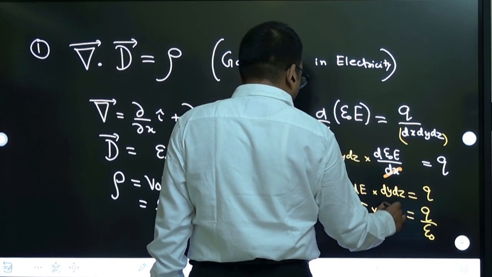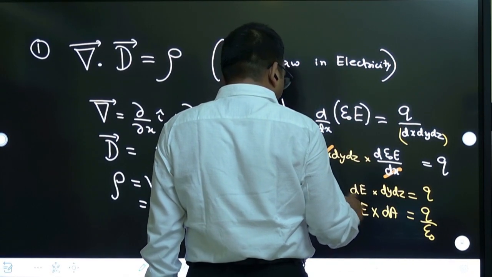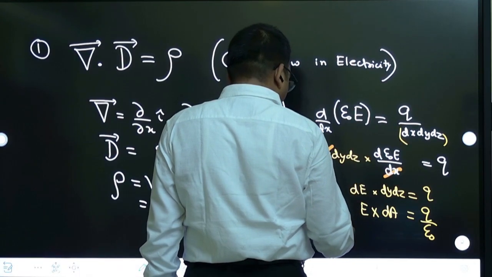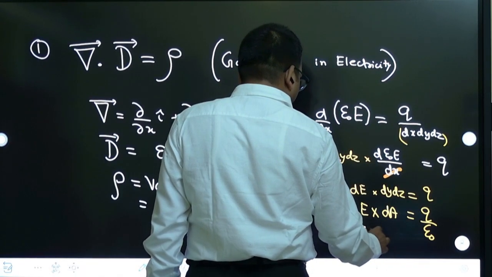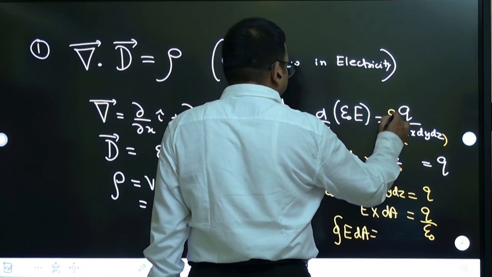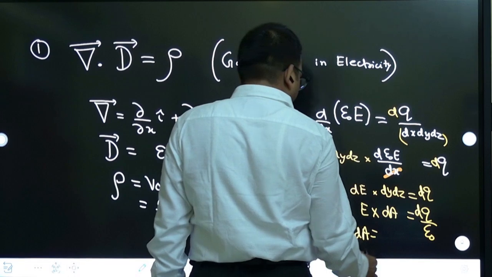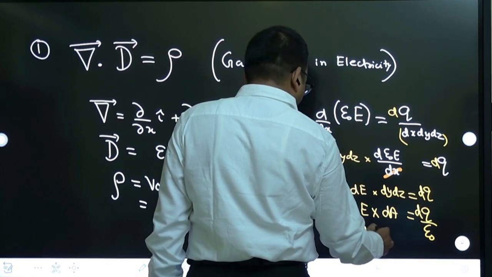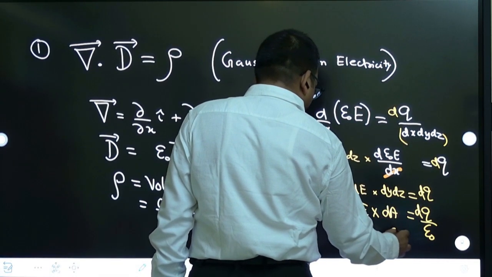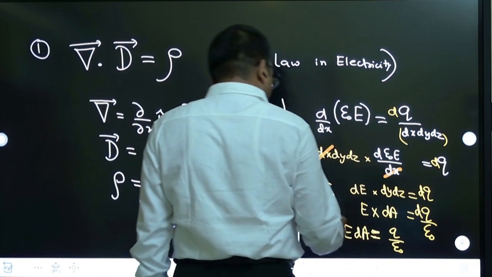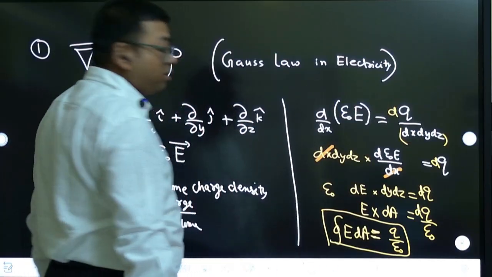When you integrate the left hand side, that becomes E dA, right? This also can be written as a small charge, dq. So when I integrate, the integration of dq will be charge by epsilon naught. This is what is Gauss law now. Yes, can you see? This is Gauss law.